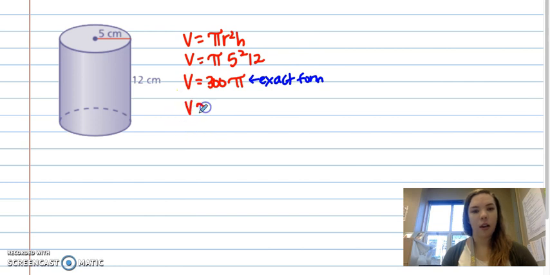And then if I multiply that and pi together, I get 942.5 cubic centimeters. So about 942 ice cubes that are a centimeter big fill this up. And this is our rounded form.